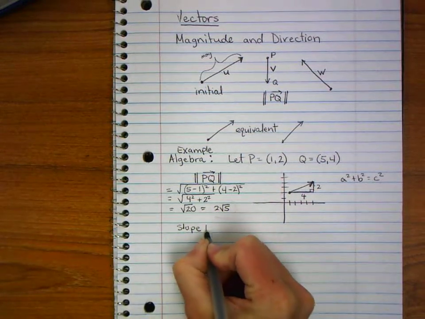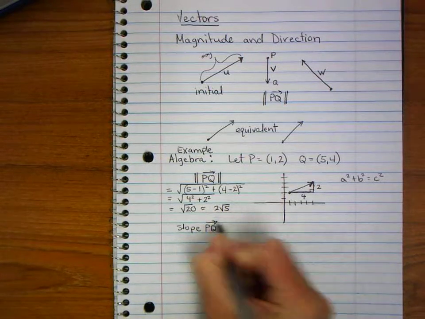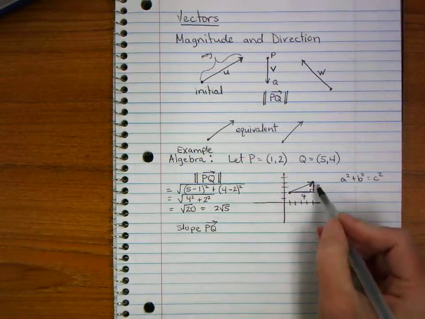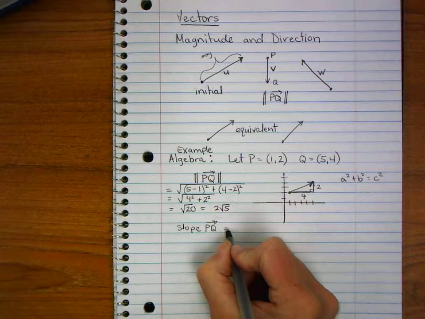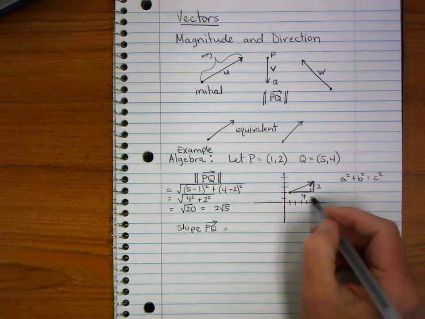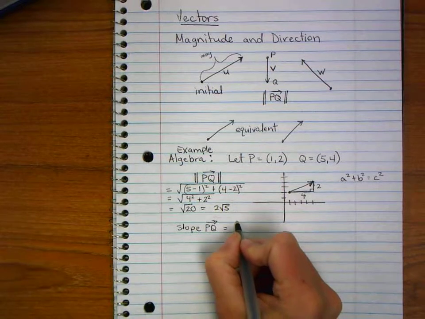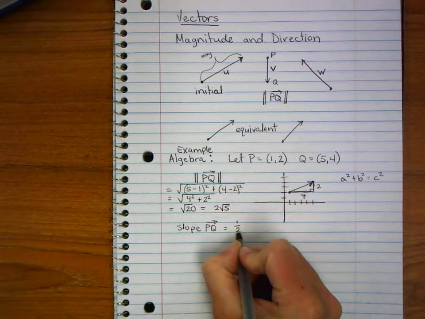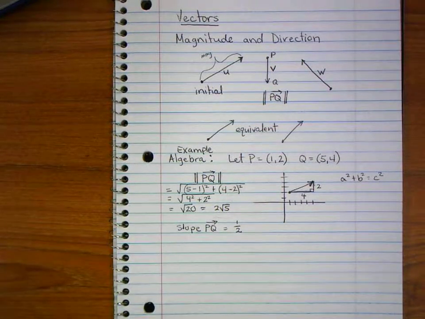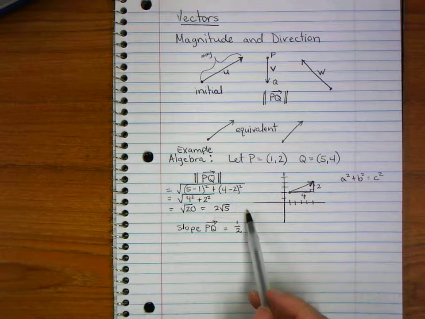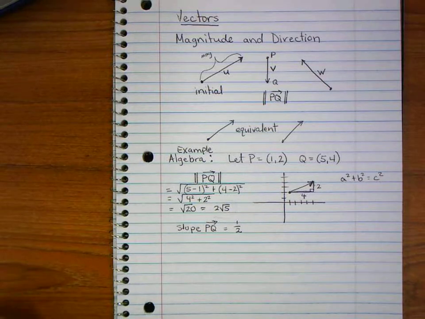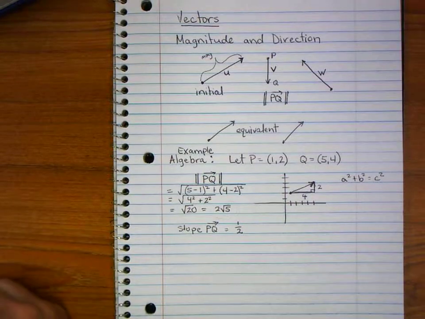The slope of PQ, remember, is our change in y over our change in x. So in this case, our slope, rise over run, 2 over 4, is 1/2. So anything that had a slope of 1/2 and a distance of 2 square root of 5 would be an equivalent vector.